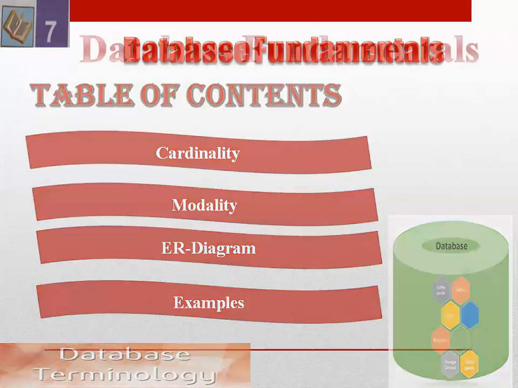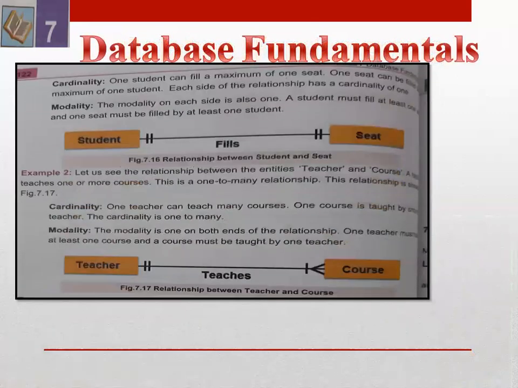Today we will continue with the help of diagrams. Here on your screen we have one diagram of student and seats. The example is, let's draw an ER diagram of entity student and seat that specifies the cardinality and modality. Students fill a seat. This is a one-to-one relationship.